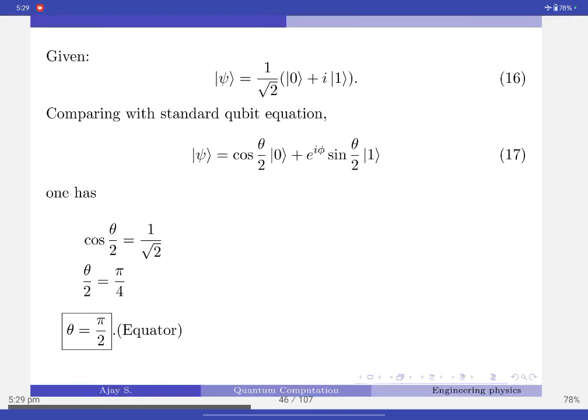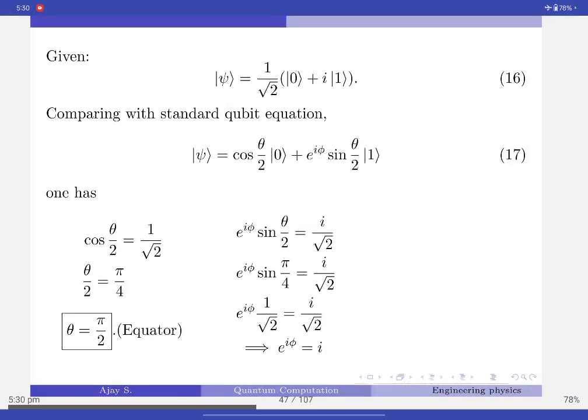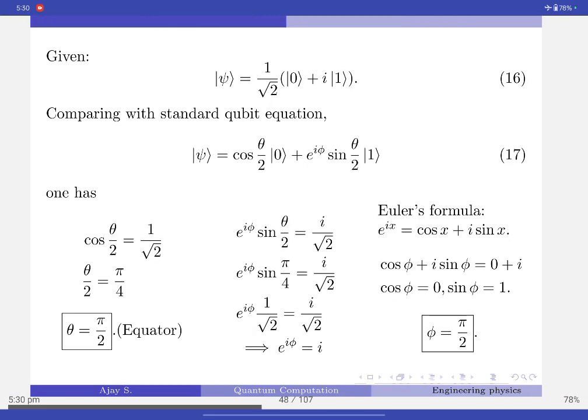Now let us consider a little complicated one. 1 by root 2 ket 0 plus I ket 1. Just as before, you get theta to be equal to pi by 2 situated at the equator. Now this time, equating the coefficient for ket 1, you have e to the I phi is equal to I. It is imaginary, so use the Euler's formula. E to the ix is equal to cos x plus I sin x.